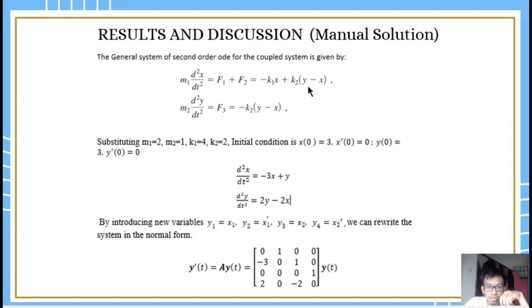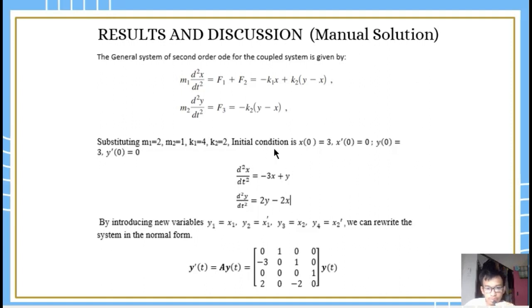F1 is given by this expression, and F2 is given by this expression. M1 is the mass of the first load, and M2 is the mass of the second load, and we substitute M1, M2, K1, K2 into the system of equations, and we have this system.